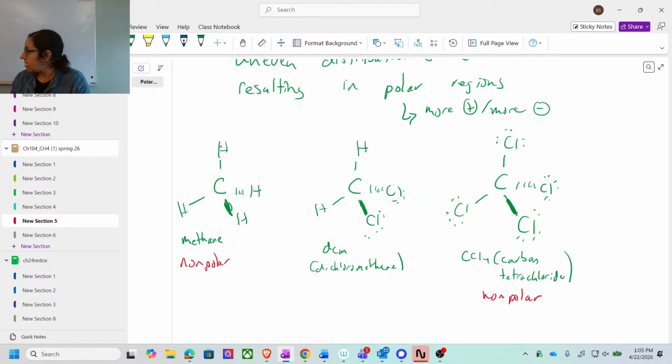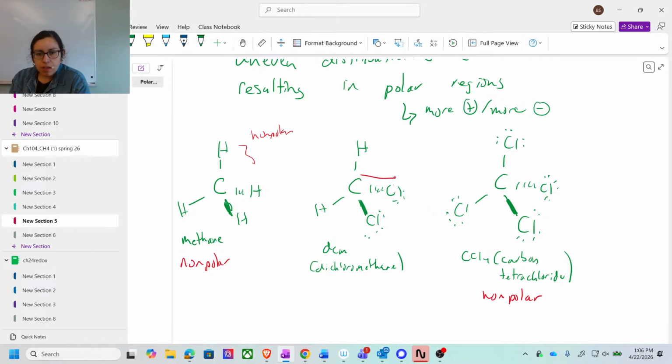Methane has all hydrogens all around, so that's pretty symmetric. We could try to draw arrows. Of course, this is pretty nonpolar anyways. These are pretty nonpolar bonds in itself, so overall really nonpolar.